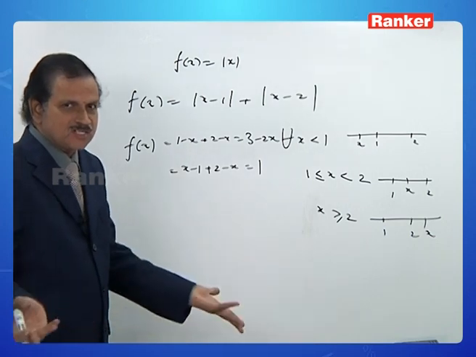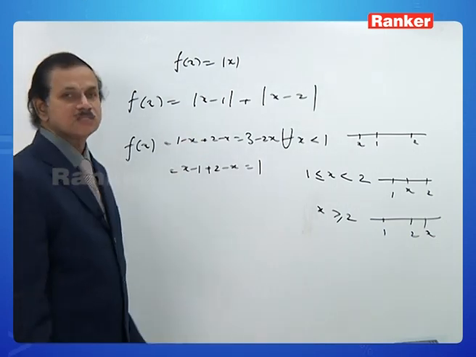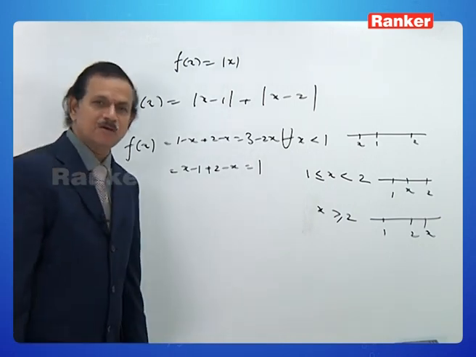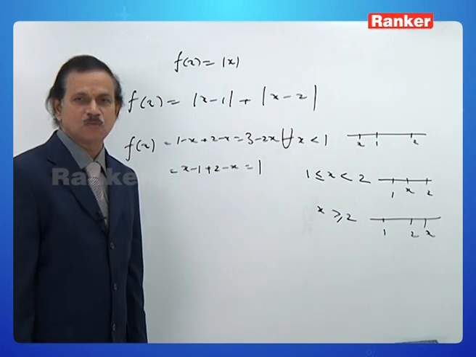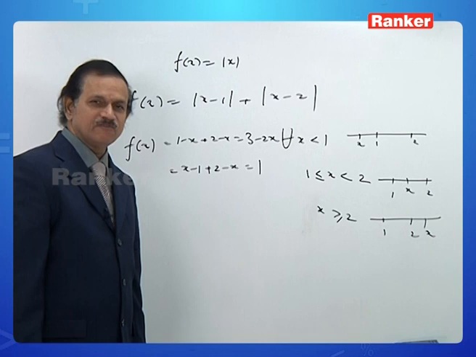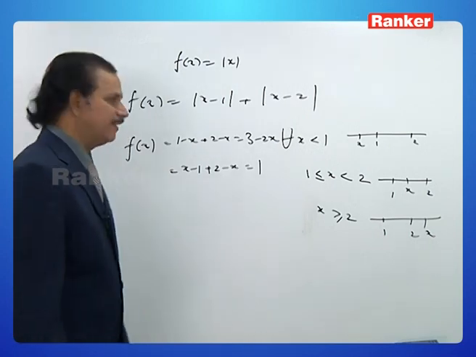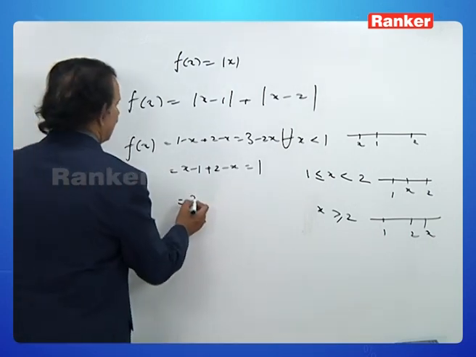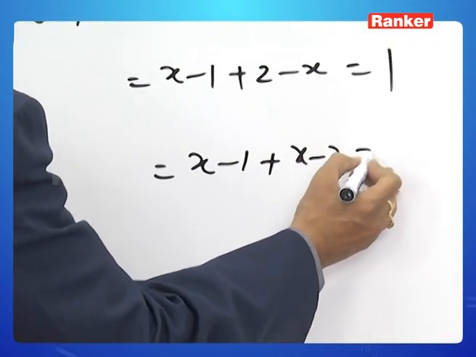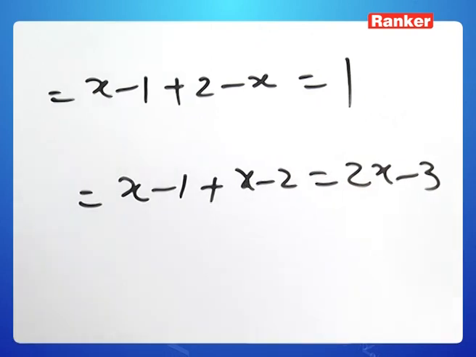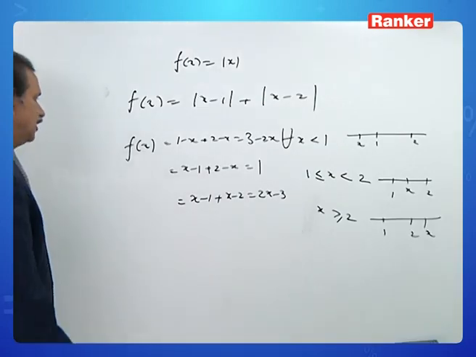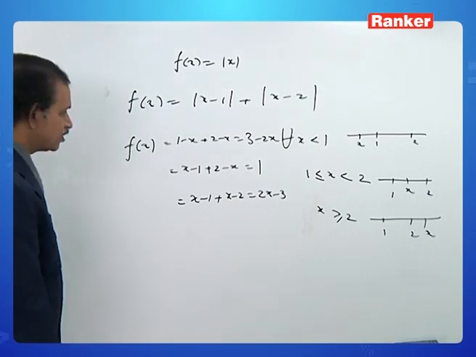The modulus function is nothing but the distance function, isn't it? What do you mean by mod x minus 1? It is nothing but the distance between x and 1. In this case, x lies above 1, therefore the distance between x and 1 is x minus 1. Automatically, that is also x minus 2. Altogether, this is 2x minus 3.